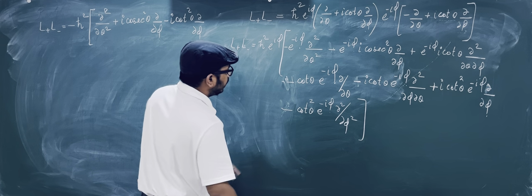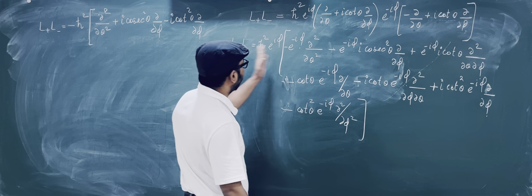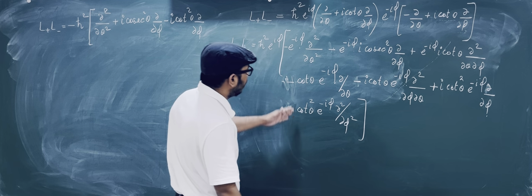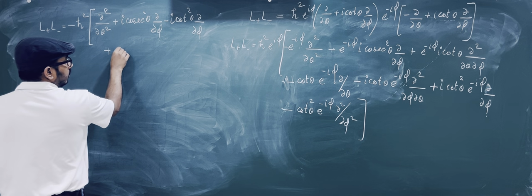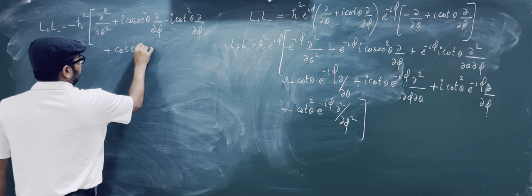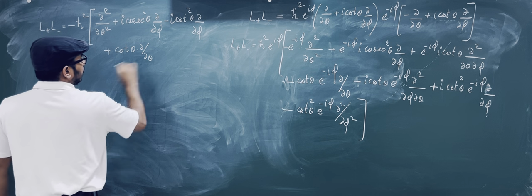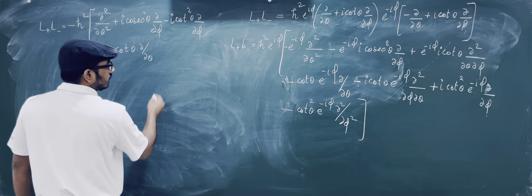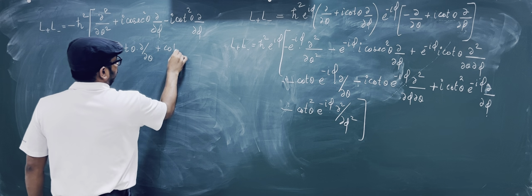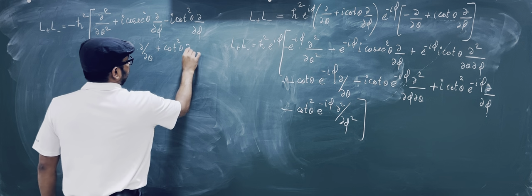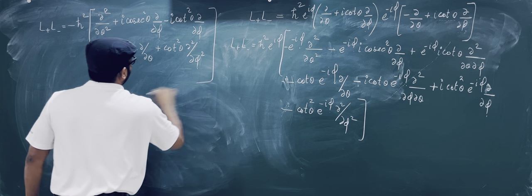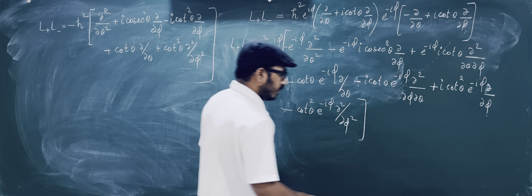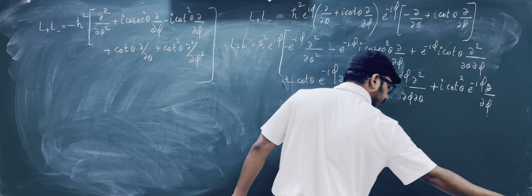Now we have left with these two terms. If you have taken minus out, these two will become positive terms. So the next term is plus cot of theta del over del theta, and this term is plus cot square theta del 2 over del phi square. So we have this nice equation here from here.